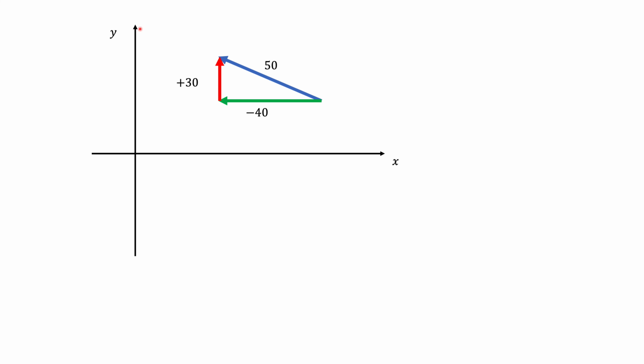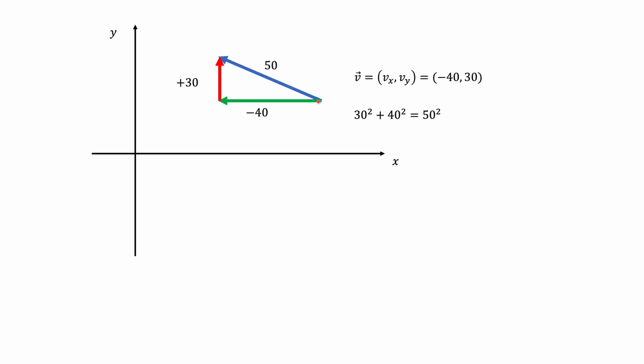In this case, our vector, which we're going to call vector v, can be represented by two components. We call them the component along the x direction and along the y direction. The first component will be minus 40, the second will be 30. The other thing to notice is that 30 squared plus 40 squared in our case should be equal to 50 squared.